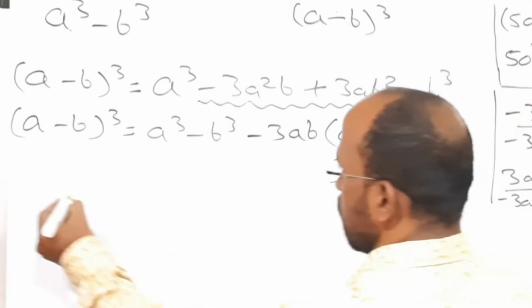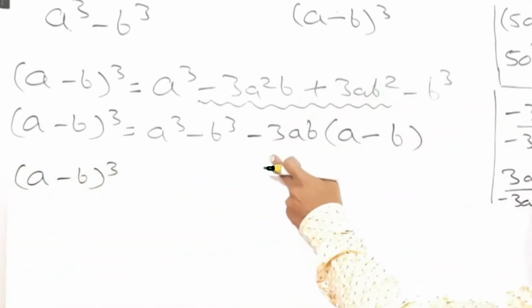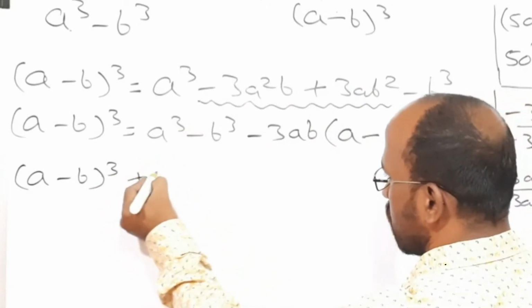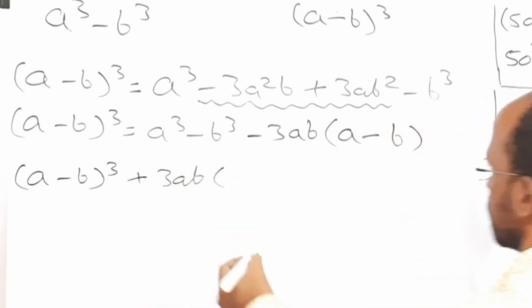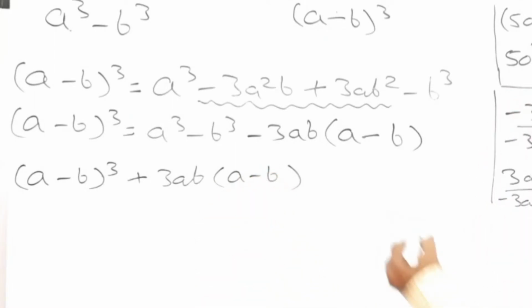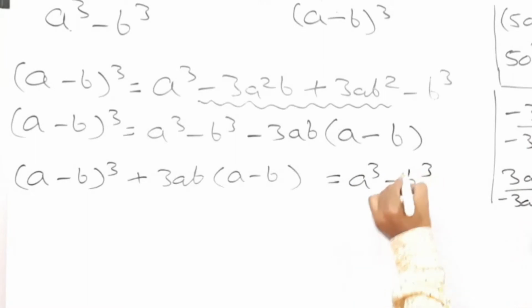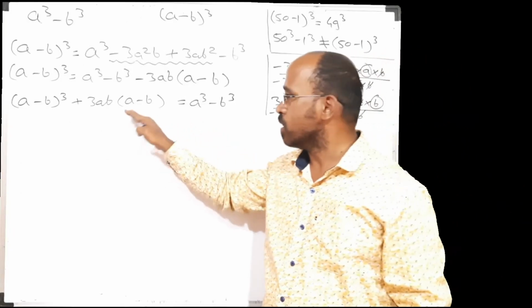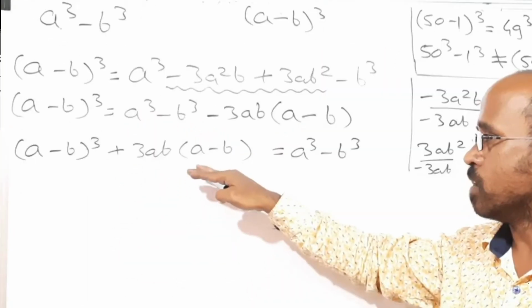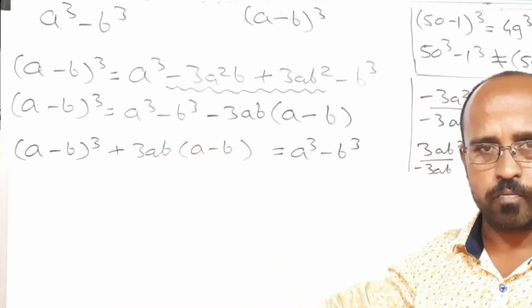So let's write it as (a minus b) cube, and this minus 3ab after changing side will be plus 3ab into the bracket (a minus b). Okay, and on the right side it will remain only a cube minus b cube. Now once again, between these two terms, is it possible to find out anything common?